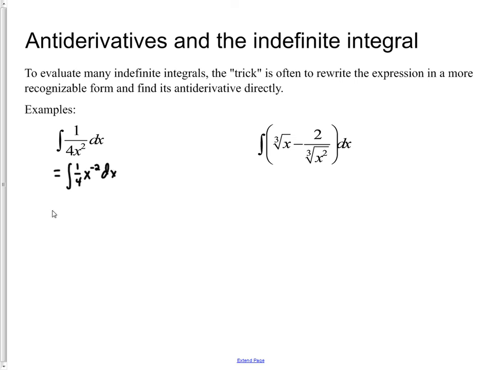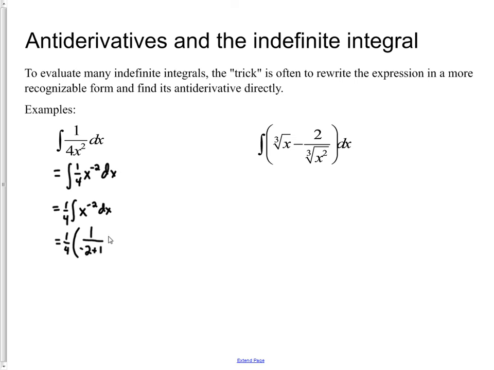And so if we write our rule using the constant multiple rule, the antiderivative of a constant times a function dx is going to be equal to the constant, in this case 1/4, times the antiderivative of x to the negative second power dx. Now we can employ our power rule right here, which is going to state that we're going to take 1/4, our constant, times 1 over our exponent, negative 2 plus 1.